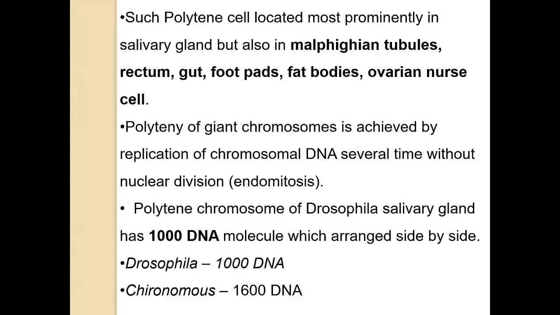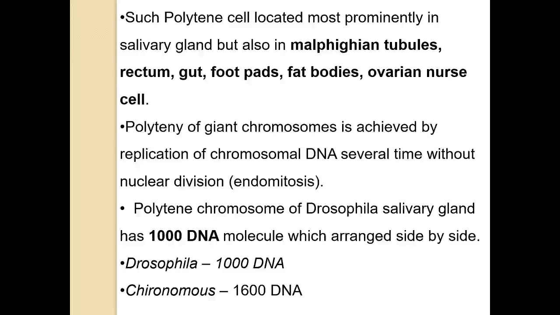Polytene chromosomes are located not only in the salivary gland, but are also present in other body cells: Malpighian tubules, rectum, gut, foot pads, fat bodies, ovarian nerve cells. Endomitosis is one of the characteristic features of the polytene chromosome; the polytene chromosome is achieved in the Chironomus larva due to endomitosis.